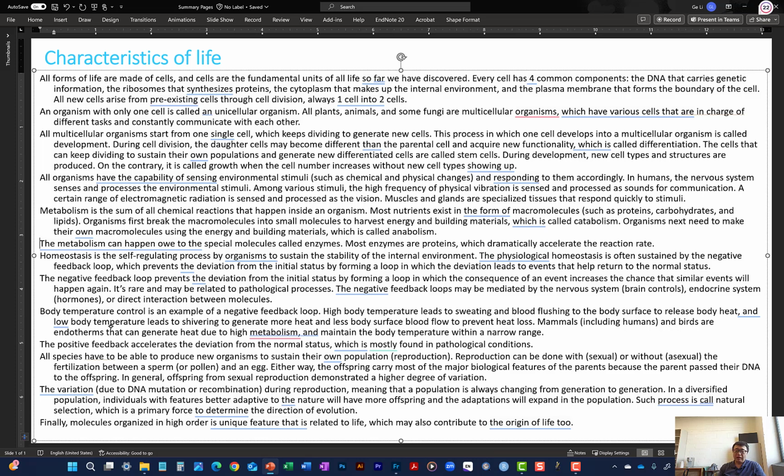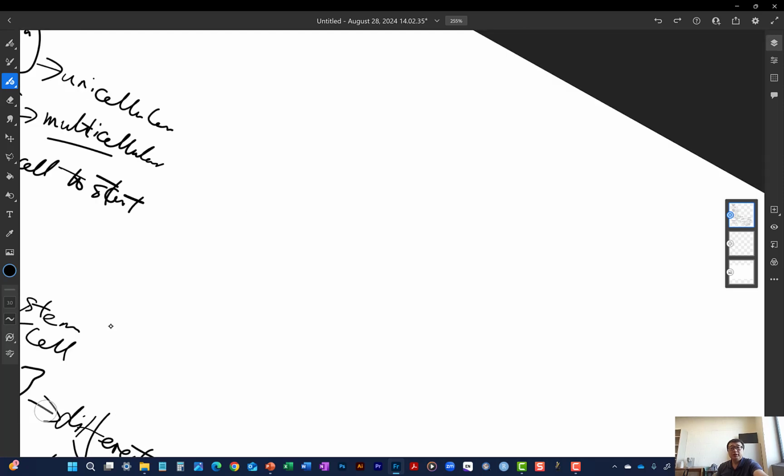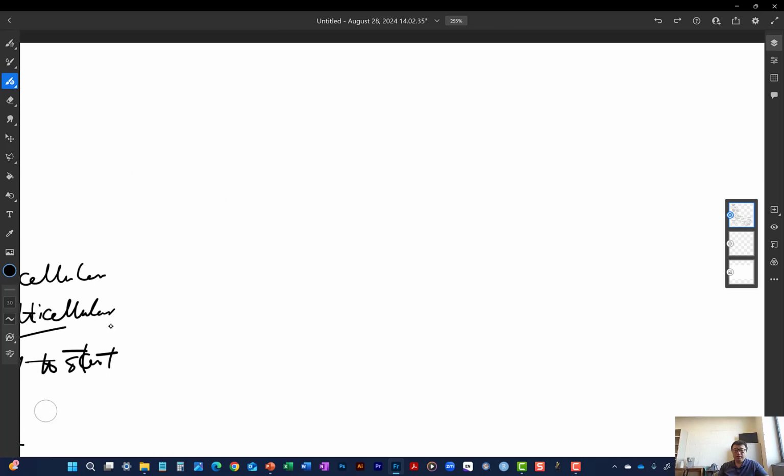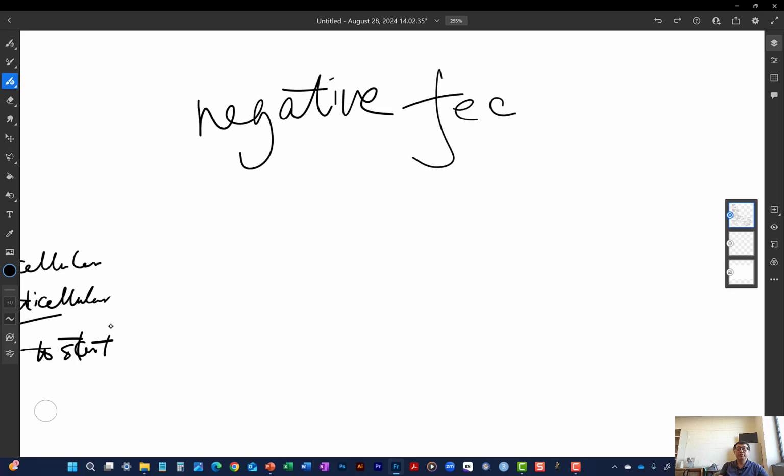The question is how organisms can maintain their homeostasis. A special way to maintain homeostasis is called a negative feedback loop.